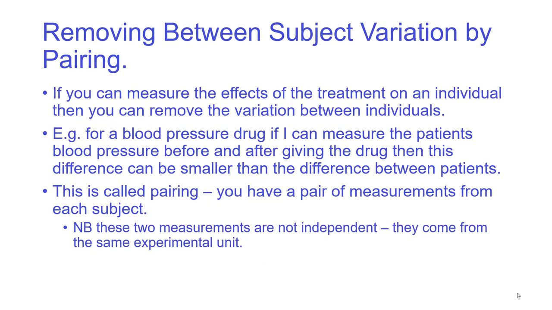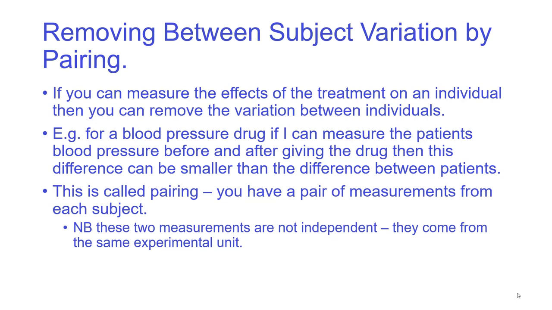Now, one way of removing subject variation is this idea of pairing. What you can do is measure the effect of an individual but without treatment, and that's their control measure, and then measure what's happened when they are treated. So for a blood pressure drug, I measure the blood pressure before, measure the blood pressure afterwards.